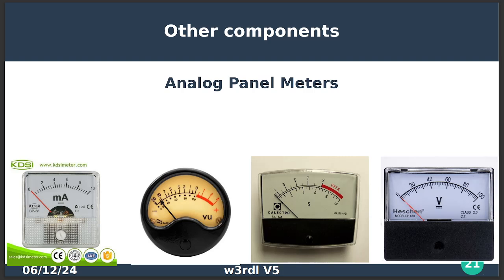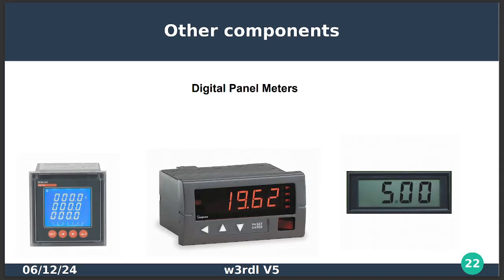Now, to see these meters, you're probably going to have to look at vintage electronics. They've been around a while. And then there's some digital panel meters. I've got some of these that are about the size of a 50-cent piece that can be used almost anywhere.